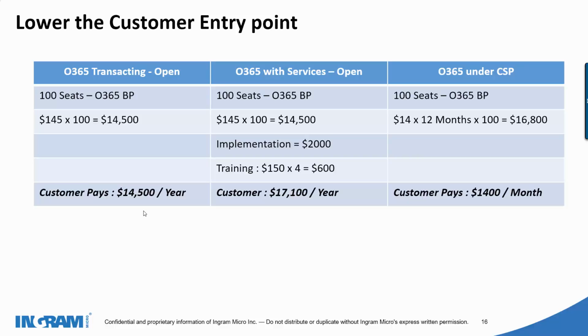Now, that's a big plus because it is much easier to sell, much more compelling to the customer in a situation where he has all the flexibility and he just pays monthly. So this is another important plus which you should look at, how easy it becomes when you position it under CSP. But under CSP, you should not have license separate and services separate. It should be a bundle package.